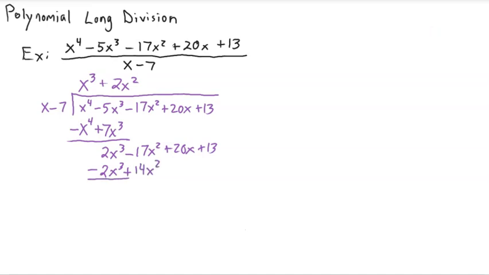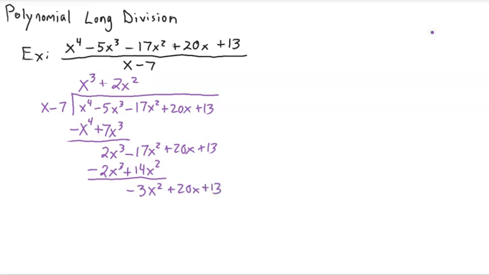Okay. Then we're going to add. These two are going to cancel each other out, so that's going to become 0. And now we're just going to do negative 17x squared plus 14x squared, which is negative 3x squared. Now we're going to carry down the plus 20x and the plus 13.